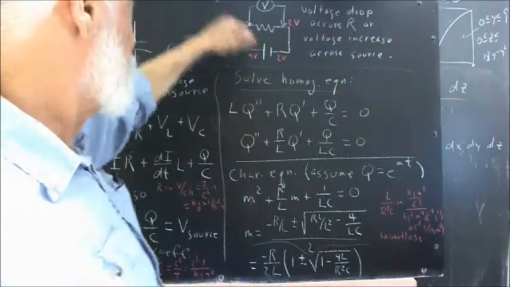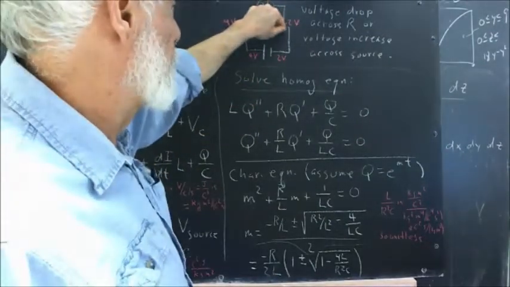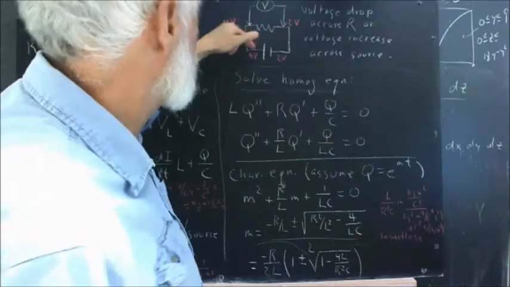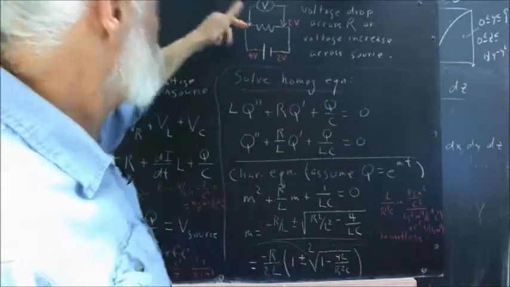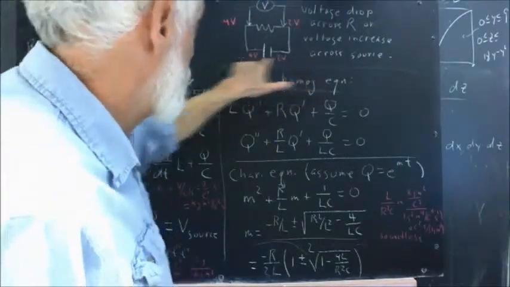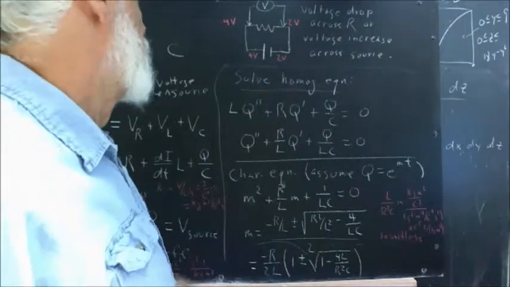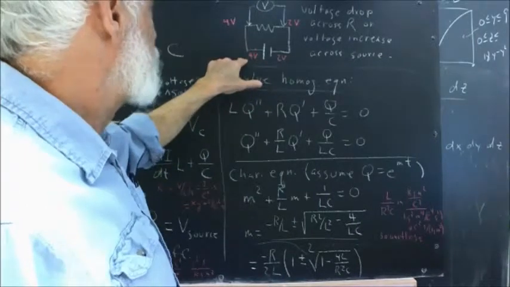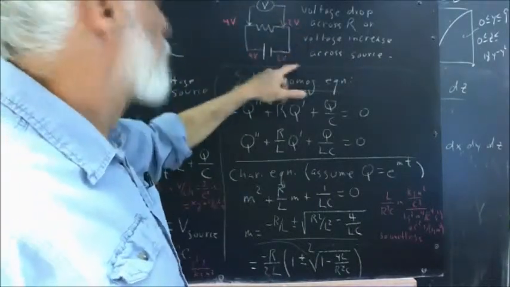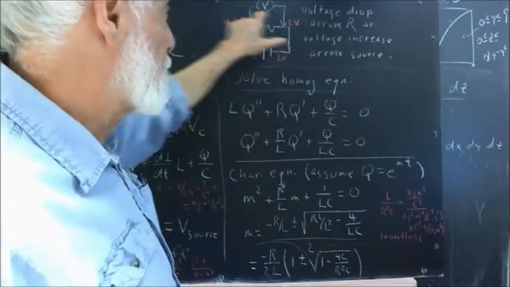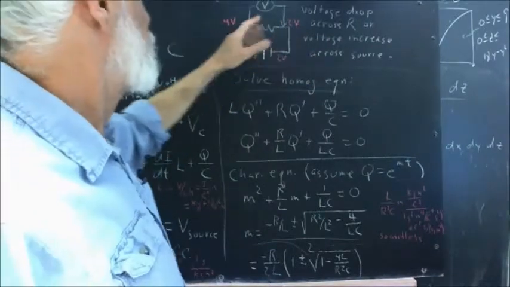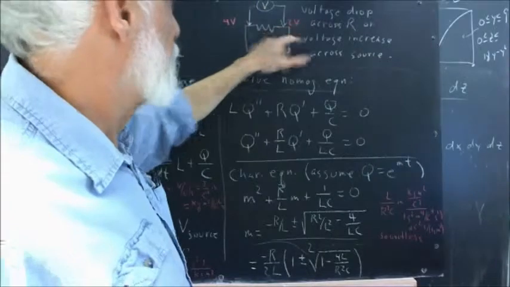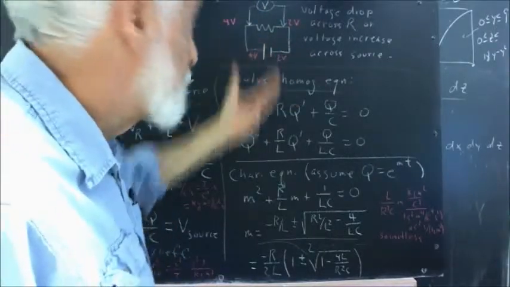All we're establishing is if this is at a higher potential than this, then as you go around the circuit in the counterclockwise direction, you have a voltage drop here and a voltage rise here. So the voltage rise is equal to the voltage drop. The change in voltage here is equal and opposite to the change in voltage here, but if the change in voltage here is negative, then your voltage drop is a positive number.